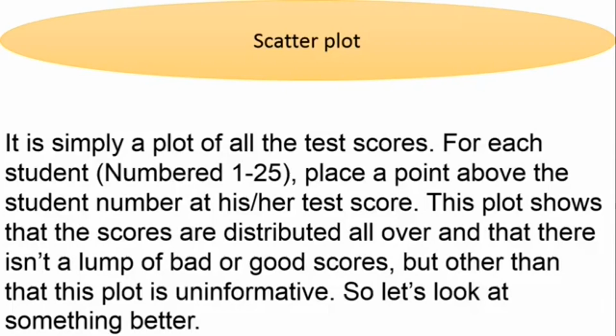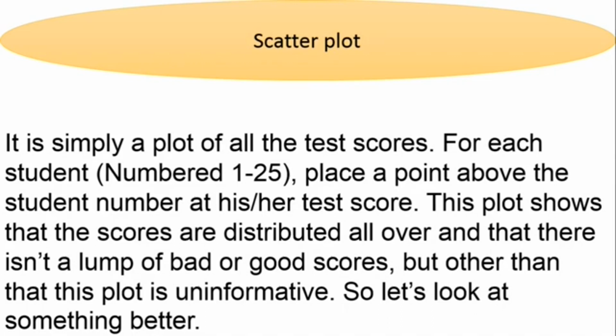So the scatter plot of the students is simply a plot of all the test scores for each student, number 1 to 25. Place a point above the student number at his or her test score.